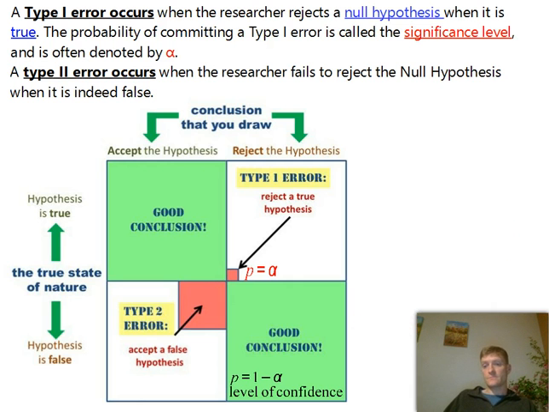Whereas the complement of that, 1 minus alpha, is the probability of forming the good conclusion of accepting the hypothesis when it is indeed true, and that's equivalent to our level of confidence when we're forming a confidence interval. Get the idea? So this is a nice little summary diagram of the different logical conclusions there.